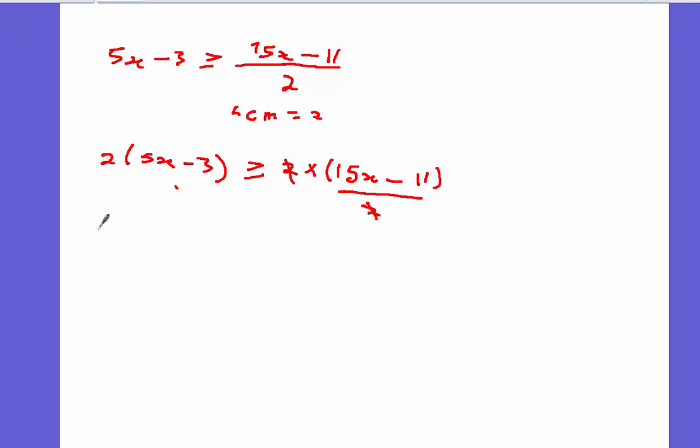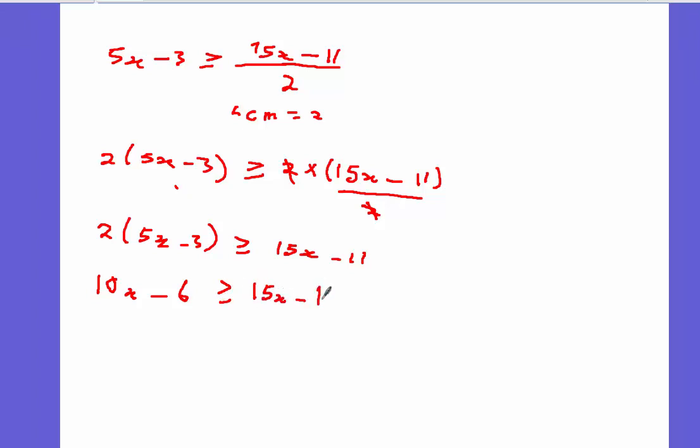You have 2 bracket 5x minus 3 greater or equal to 15x minus 11. Let me remove the bracket, which is 10x minus 6 greater or equal to 15x minus 11.